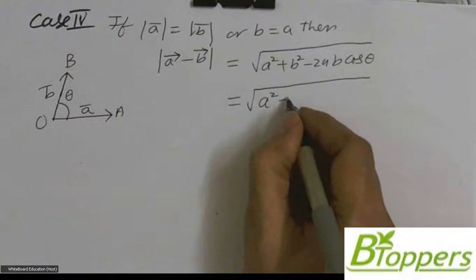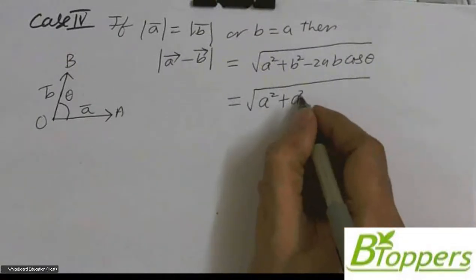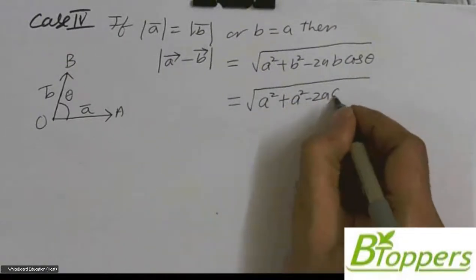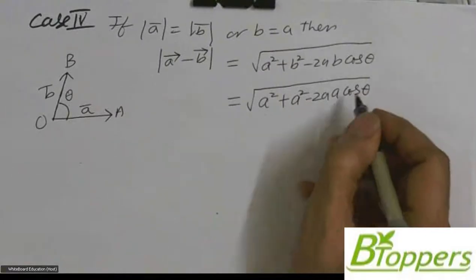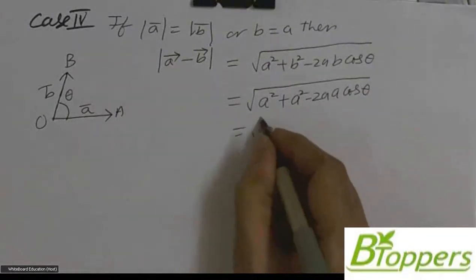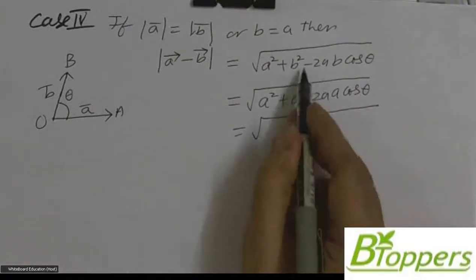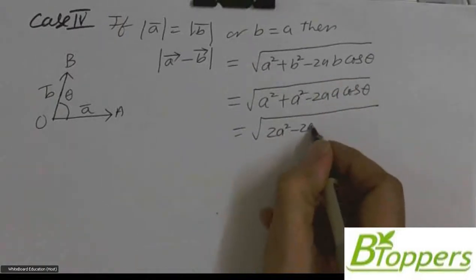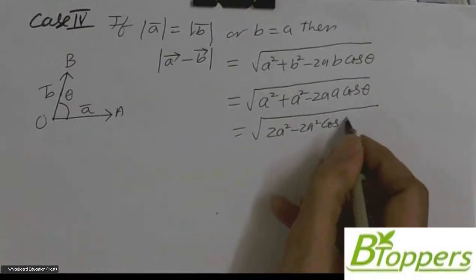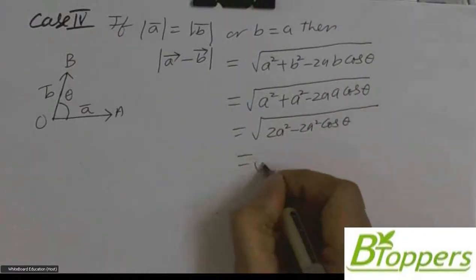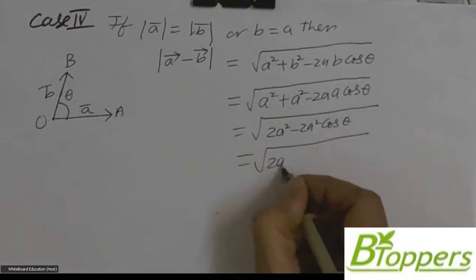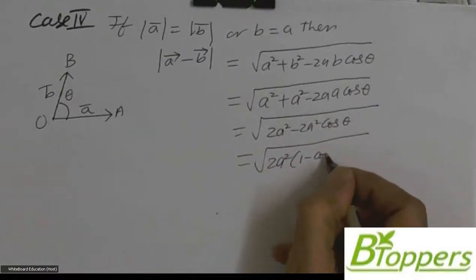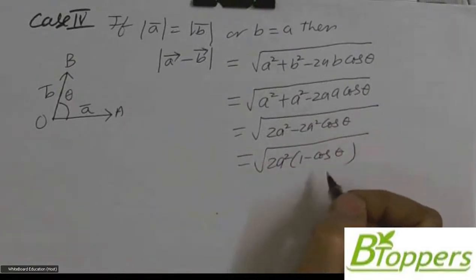This can be written as root of a square plus b square, where b can be written as a. So I have substituted b equal to a on the right hand side. So this will be 2a square minus 2a square into cos theta, or 2a square into 1 minus cos theta.